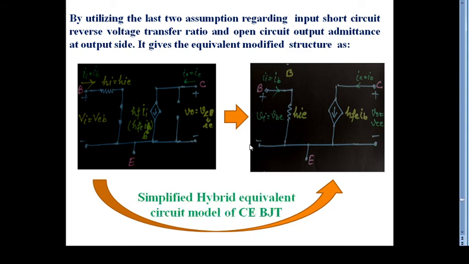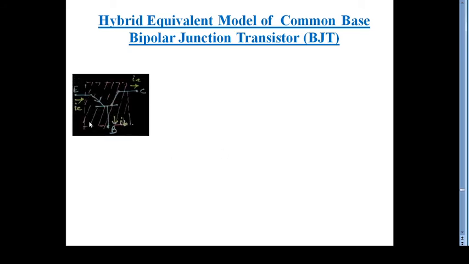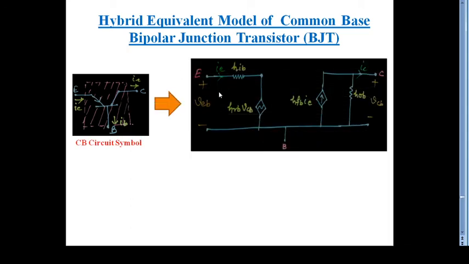So these are the two things. The simplified hybrid equivalent circuit model of the common emitter BJT we can also do for common base. So we are doing it for common base. You first make the circuitry, your PNP transistor, then we only have to write HIB instead of HIE.